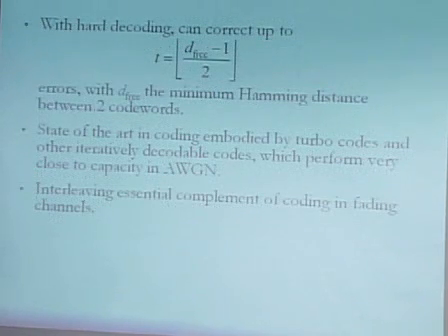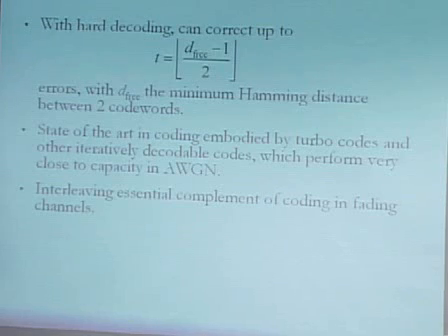With hard decoding, a convolutional code can correct t errors, with dmin being the minimum distance between two code words. The state-of-the-art coding is embodied by turbo codes and other iteratively decodable codes, which perform very close to capacity. And in fading, interleaving is an essential complement of coding.